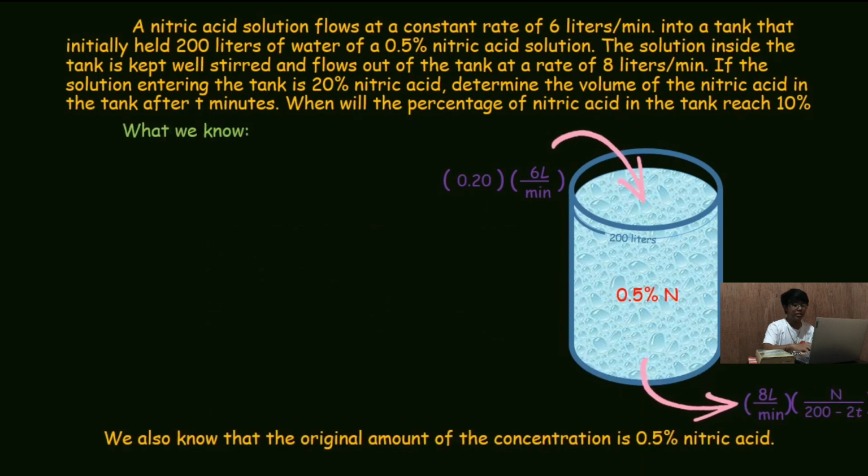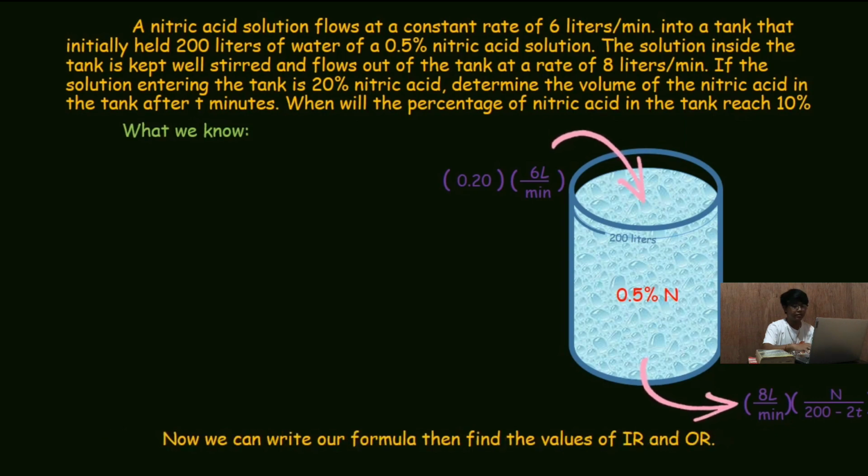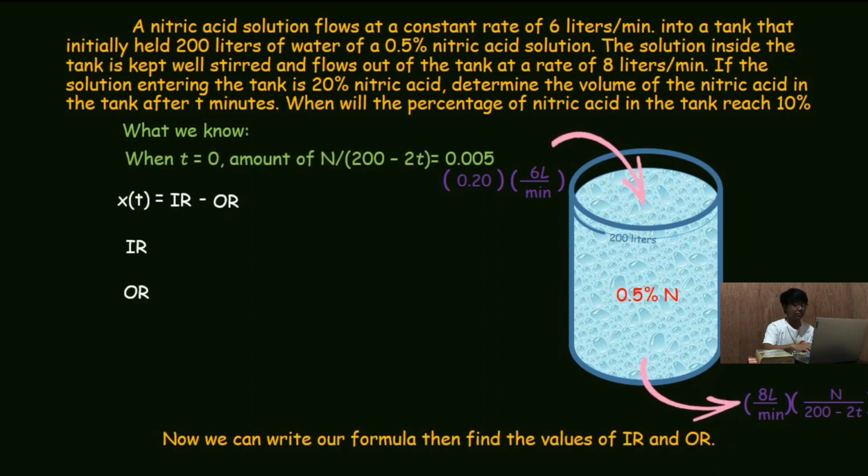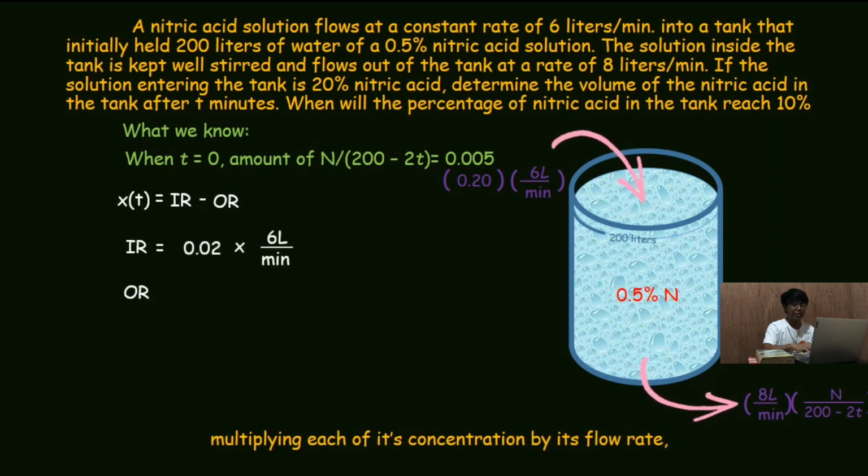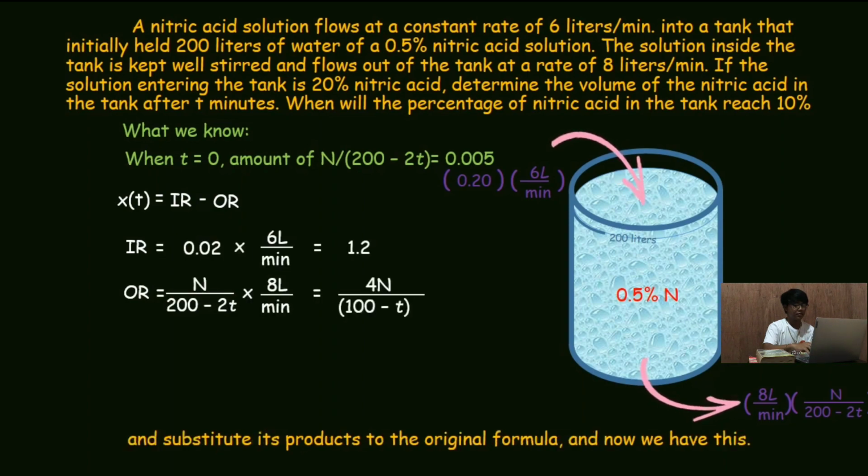We also know that the original concentration is 0.5% nitric acid. Now we can write our formula, then find the values of IR and OR, multiplying each concentration by its flow rate, and substitute the products into the original formula, and now we have this.